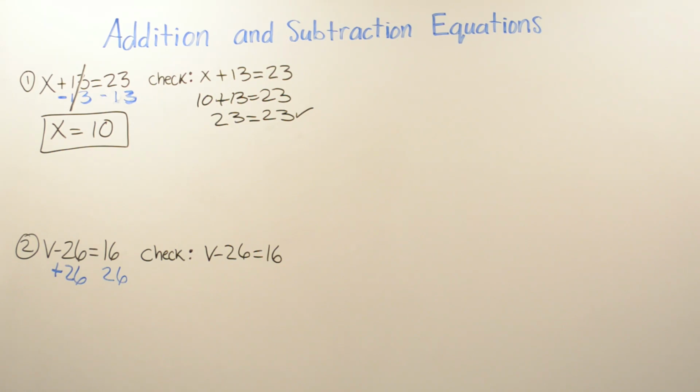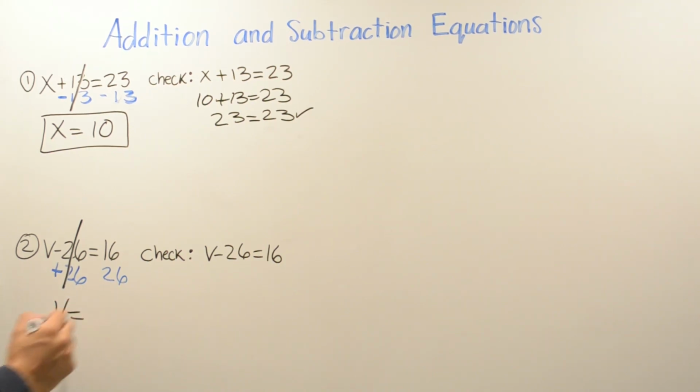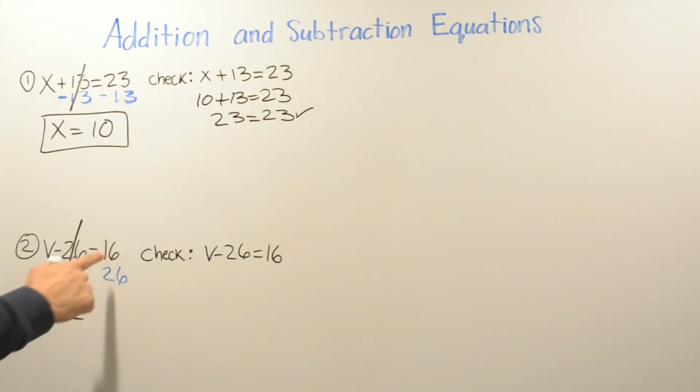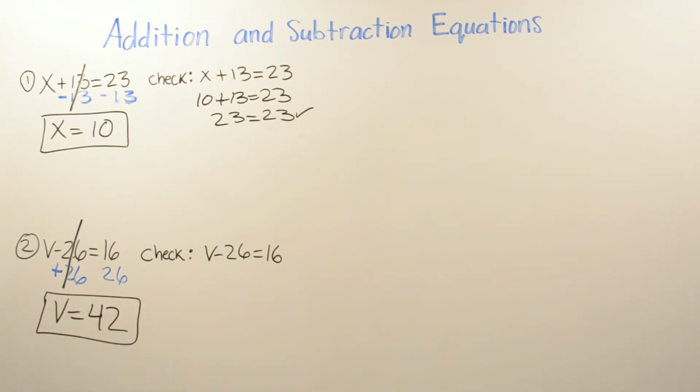And then a negative 26 and a positive 26 are going to cancel. Then you're going to just have v by itself. And then you have v equals, you're just going to add, because you have a positive 16 and a positive 26. 26 plus 16 is going to be 42. So your answer is v equals 42.